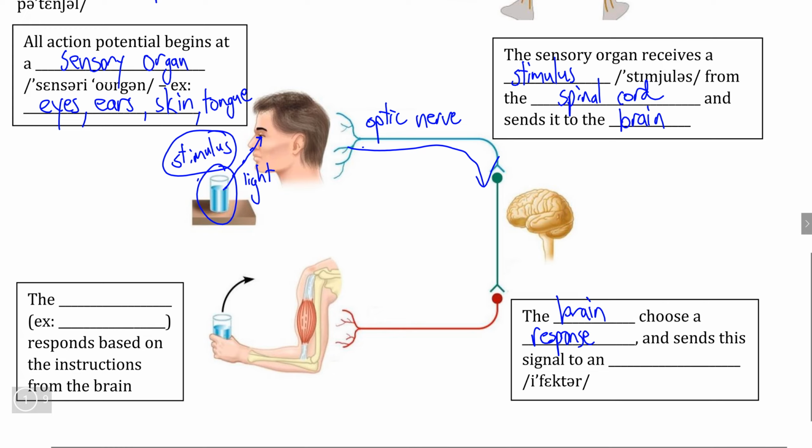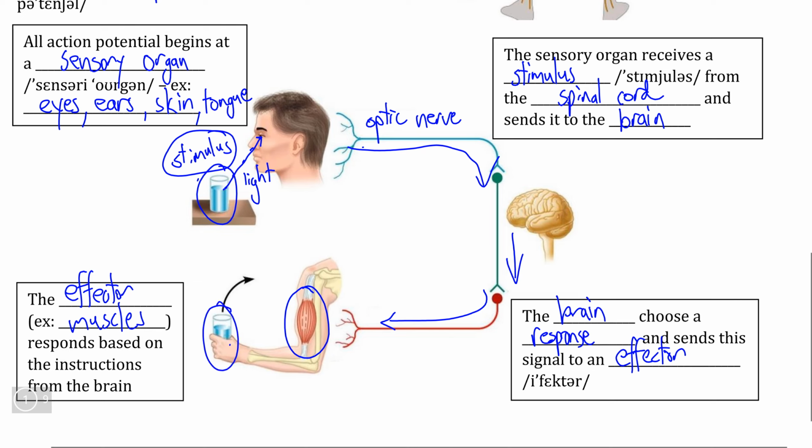And when the brain decides on an appropriate response, that information is going to be sent back down the spinal cord and transferred through a nerve that is connected to something that we call an effector. Now, in this case, the effector happens to be the muscles that control the arm and the fingers, because the response that the brain decided is to pick up this glass of water and take a drink.